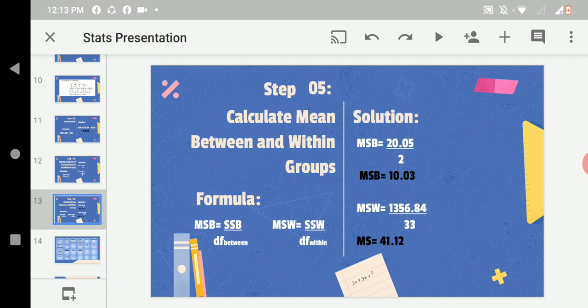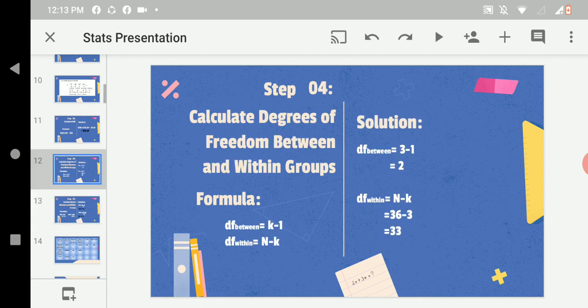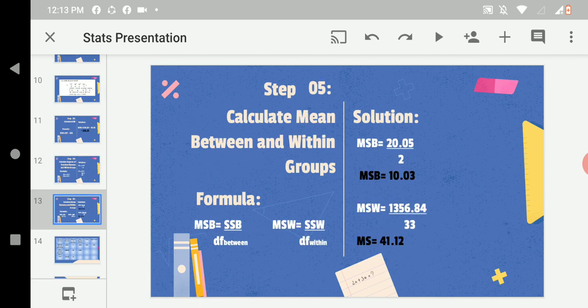Next step, after we calculated the degrees of freedom between and within groups, we will now calculate the mean square between and within groups. A while ago we calculated the sum of squares and the degrees of freedom. Now we will calculate the mean.